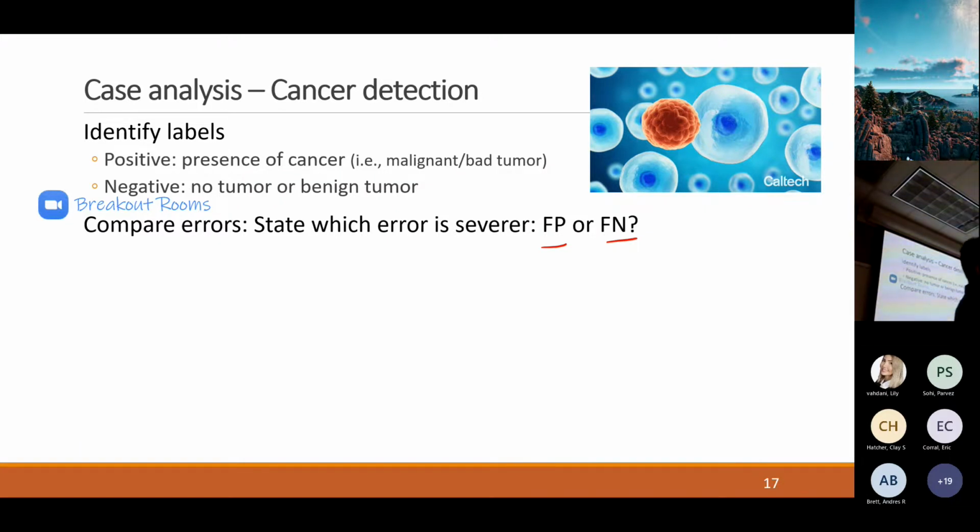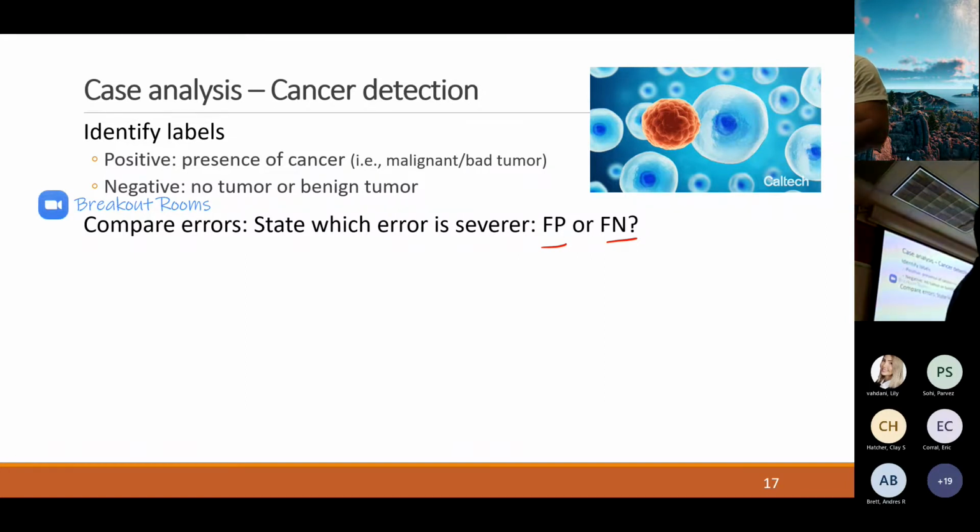Basically, they predicted that the cancer wasn't there, but it actually is. Mm-hmm. False negative, the prediction is a negative diagnosis, no cancer, no tumor, or benign tumor, either way. But since it's false, the actual outcome is there is cancer, right? And that is worse. Why?